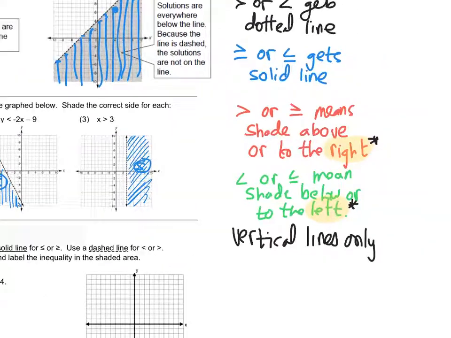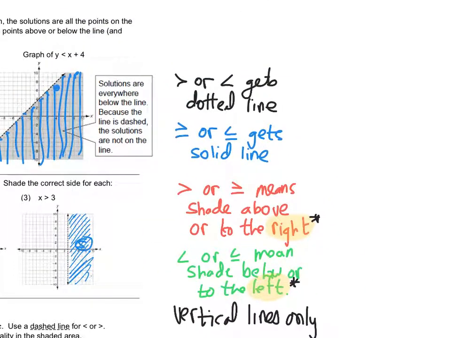Based on our notations here, the greater than or equal, we're talking about shading above. All right, so that would be this case, so that upper triangular region. The lower triangular region is going to be the less than or equal to. All right. So most people at first glance look at this and say, well, that's just something else I have to remember.